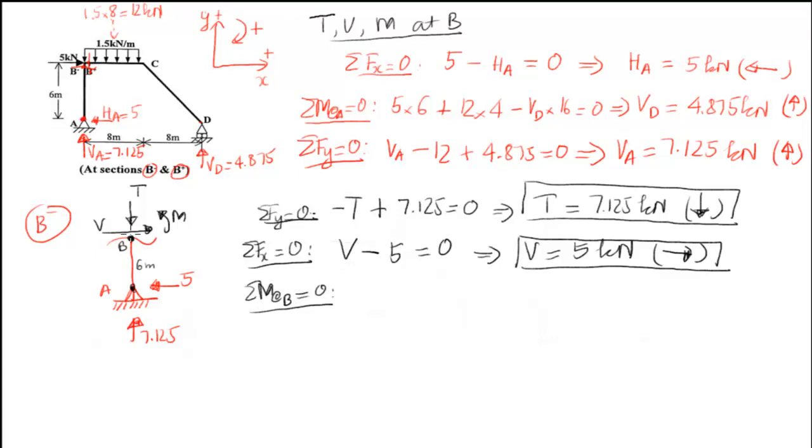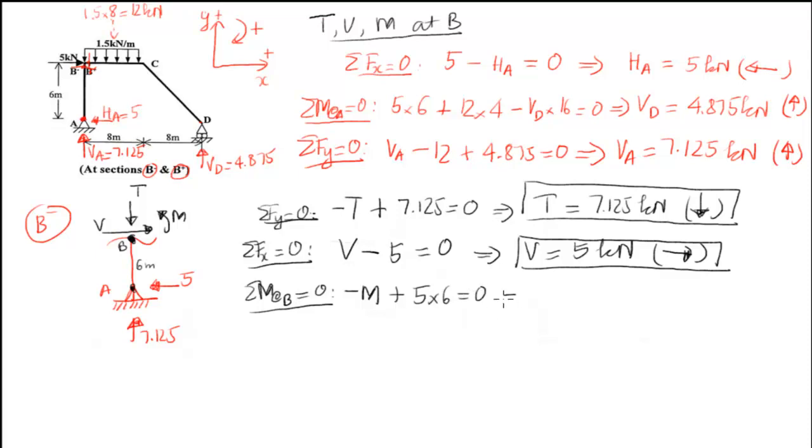So okay, now I'll take moment at B. Okay, because for moment here my assumption is anti-clockwise, it will be negative moment, so negative M, and I've got 5 going clockwise around B, so 5 gonna be positive. Okay, so 5 times lever arm, which is 6 meters here, so 5 times 6 equal to 0.